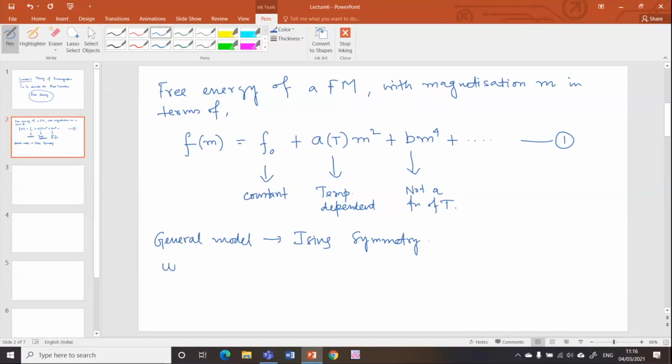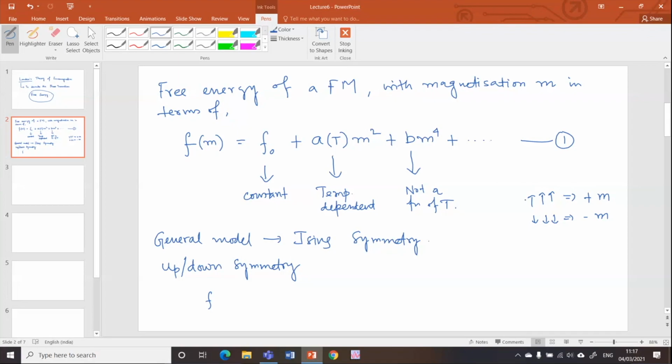No? So then M and M cube. Sir, then M to the power 5, all the terms cost the same amount of free energy. Okay. Let's say I have a magnetization where all spins are like this, that gives a magnetization plus M. If they are like this, then the magnetization will be minus M, right?